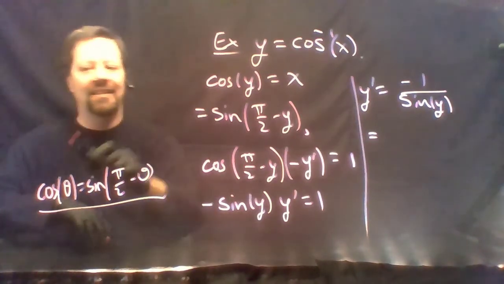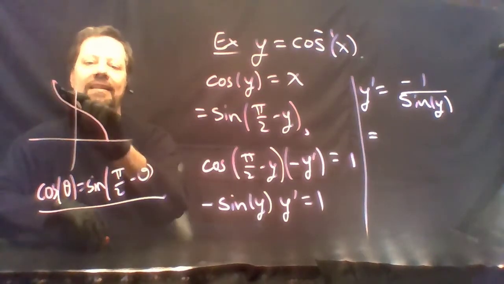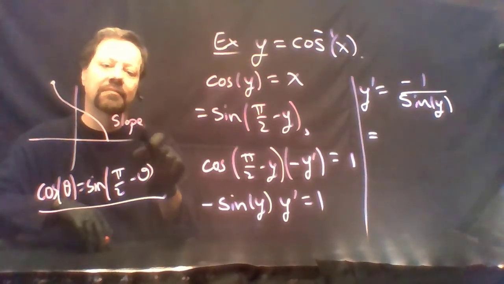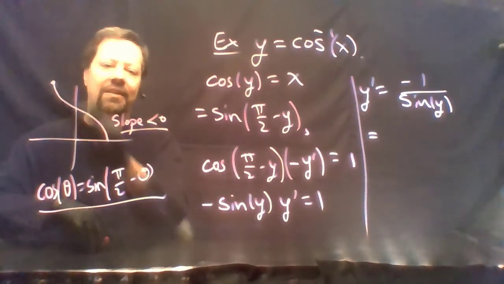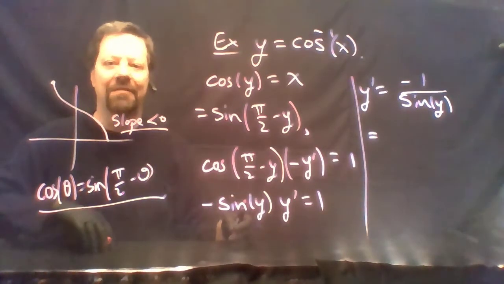And what is more, the inverse cosine function looks like this, which means the slope is always negative. It's like drawing the cosine curve around the y-axis, but stopping before it ceases to be a function.